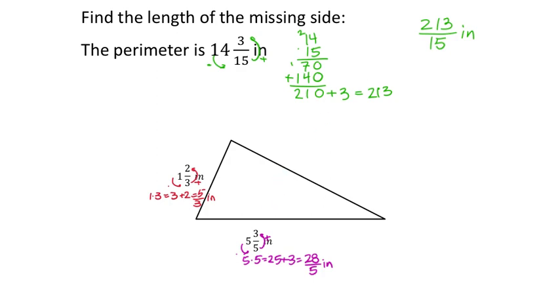So I'm just going to take the perimeter. So that's my 213/15 inches. And first I'm going to subtract the red side, which is showing as 5/3. Now this is pretty good. It's just that my denominators don't match. So I'm going to have to multiply the 3 by 5 to get 15.